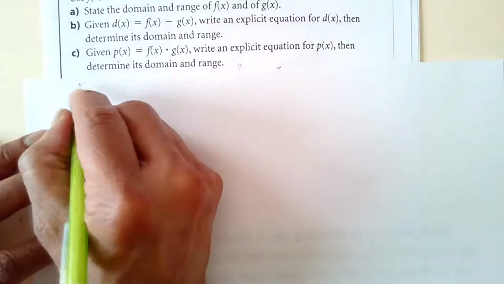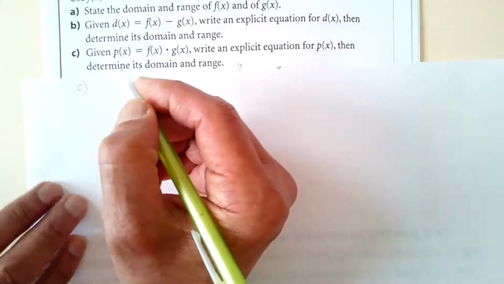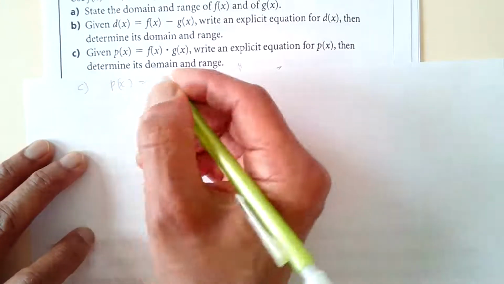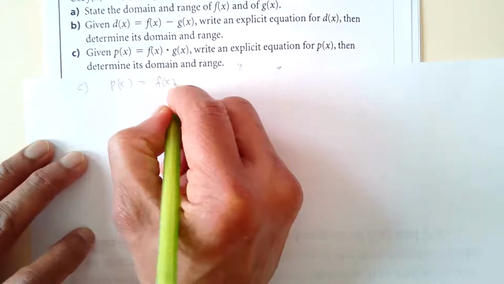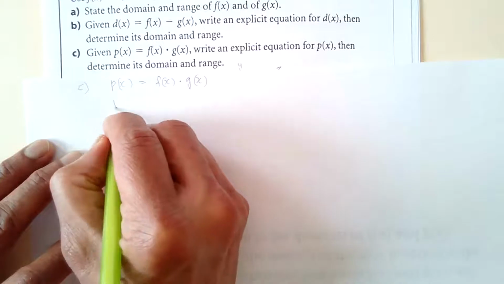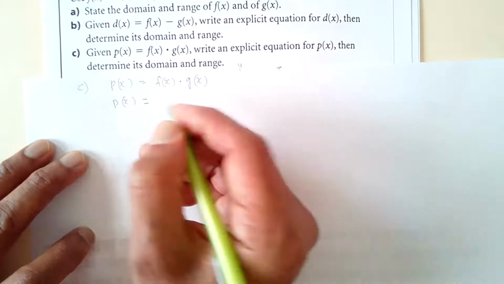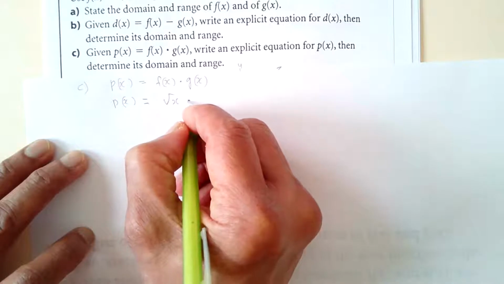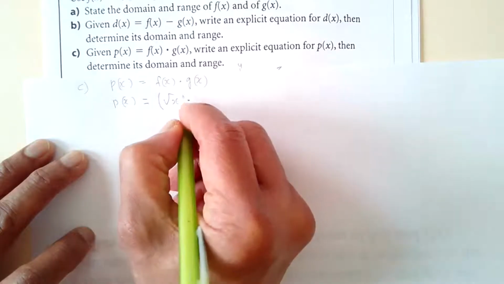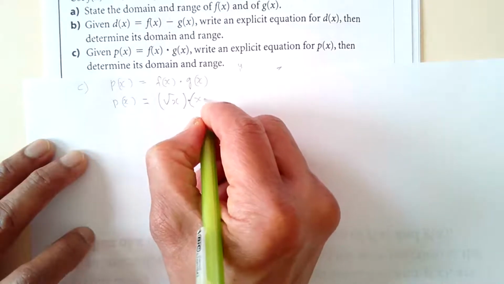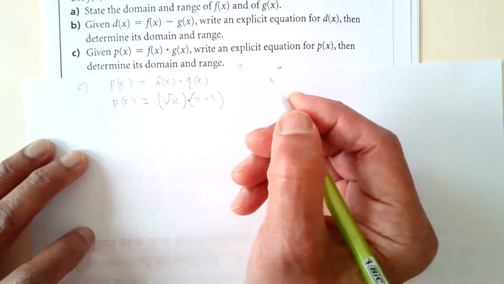So let's look at C. So we have P of x is equal to f of x times g of x. So P of x is equal to the root x multiplied by, let's put a bracket around these, x minus 3.